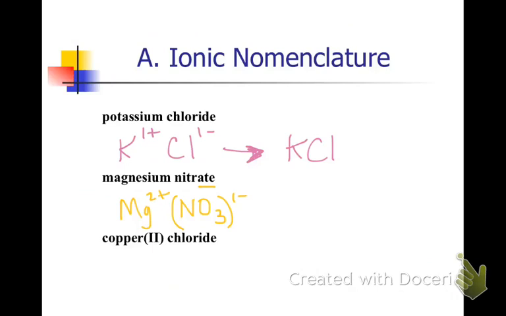No. So here's what I mean by crossing over charges. That 2 is superscripted. It will come over and become your new subscript. The 1 will come over here and become your new subscript over on the other side. Okay? So I would write down Mg. The number 1 comes behind it. And then you've got NO3, and the 2 goes behind it, correct?